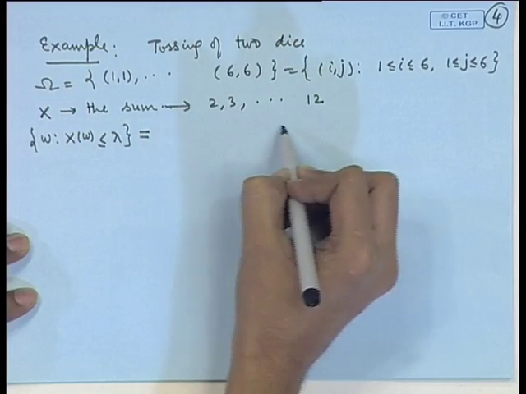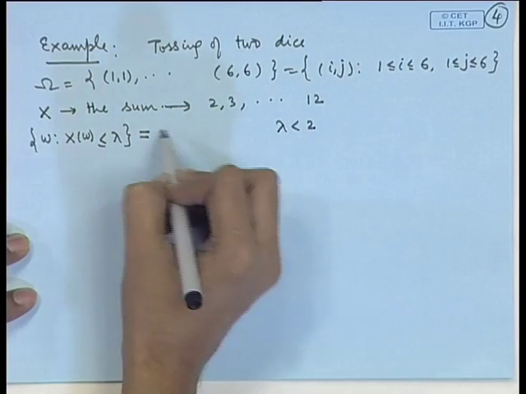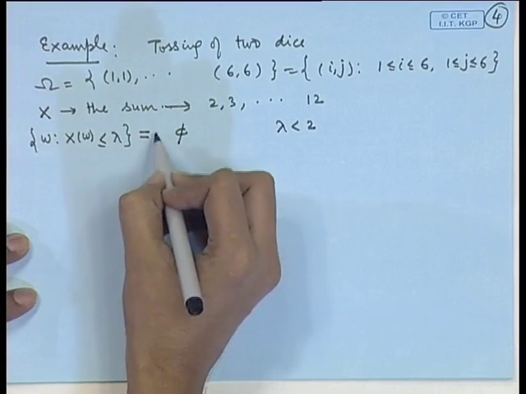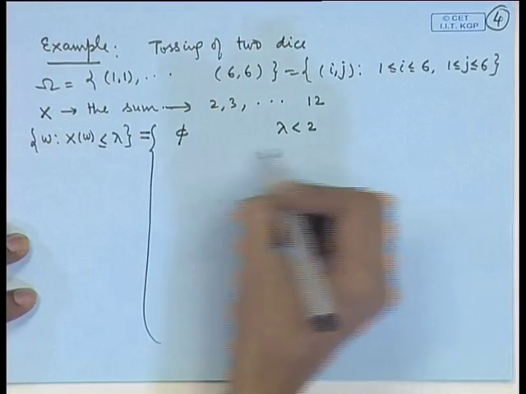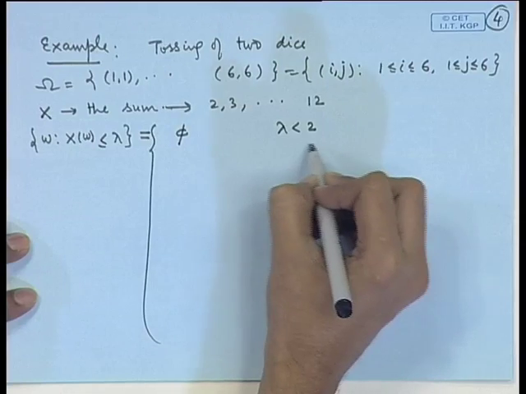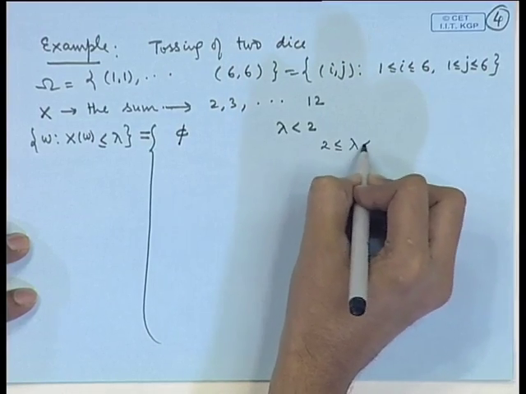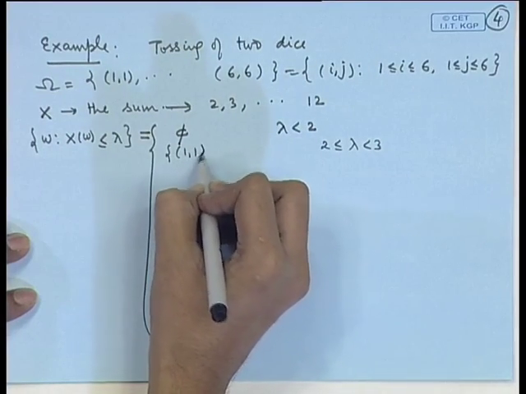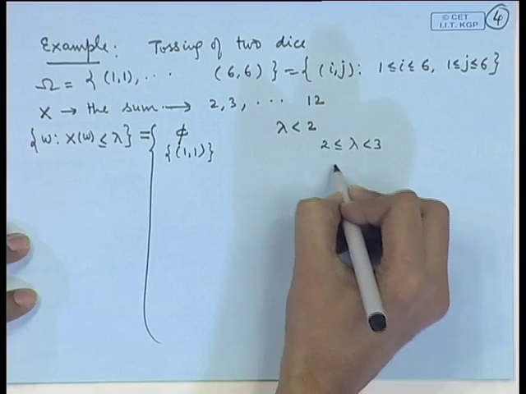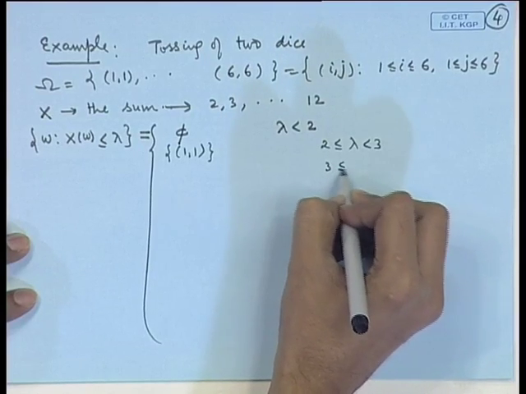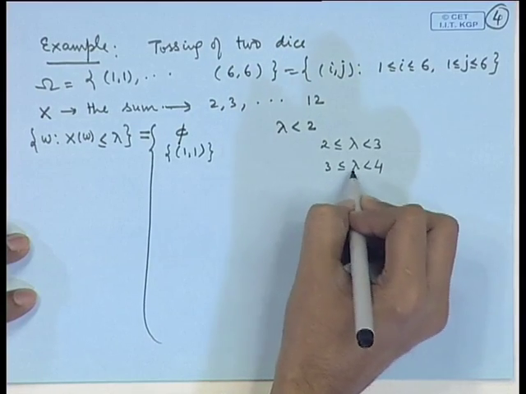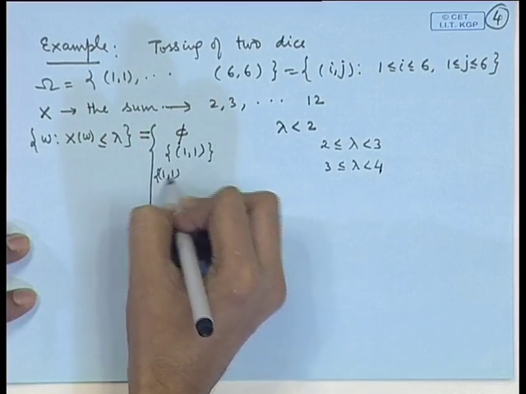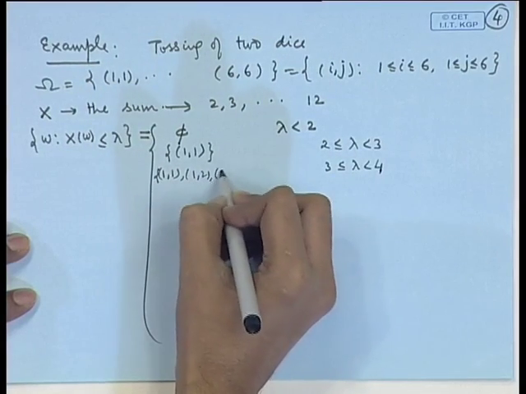So, if I have lambda less than 2, then this set is going to be phi. If I take lambda between 2 and 3, then I have the point (1,1) here. If I have lambda greater than or equal to 3, but strictly less than 4, then we will have (1,1), (1,2), (2,1).